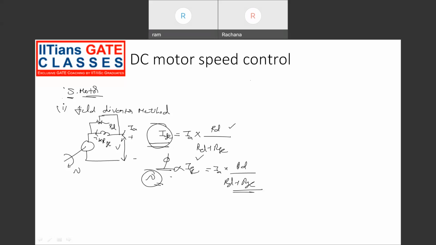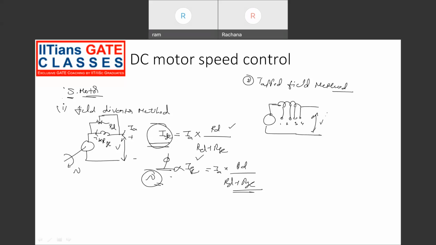The next method is the tapped field method. In this method, the field winding has a lot of taps, like 1, 2, 3, 4.